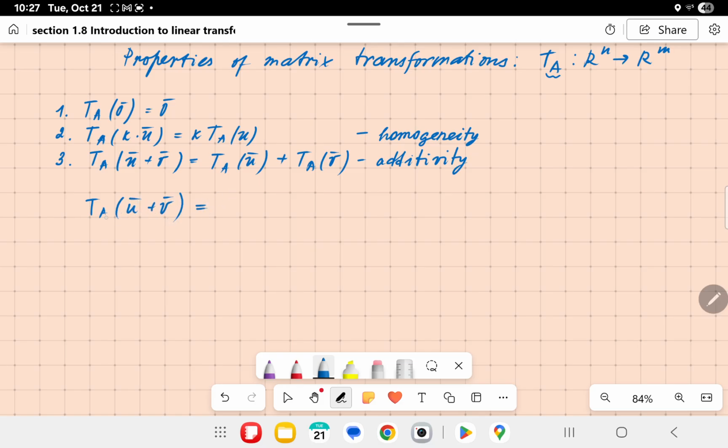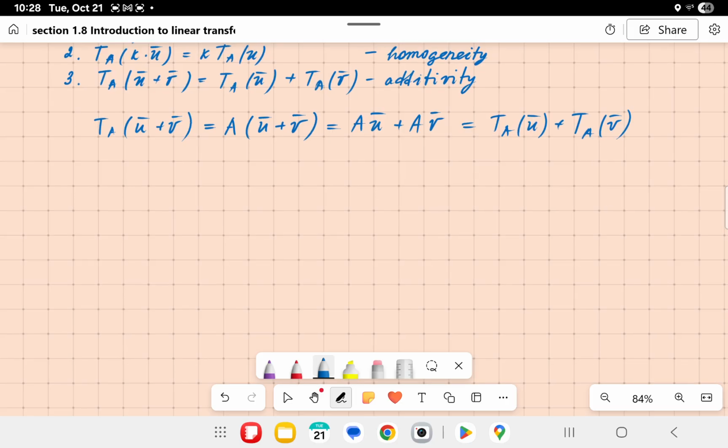Well, we know that this transformation is multiplication of a matrix by two vectors, and for matrix multiplication we can distribute the matrix over the vectors. And that's going to be the transformation of the first vector plus the transformation of the second vector. Kind of obvious, right?